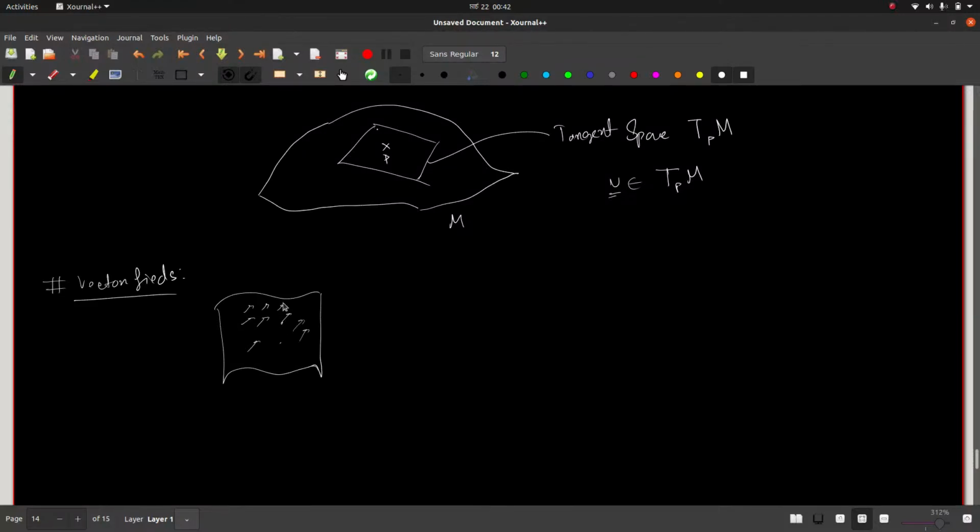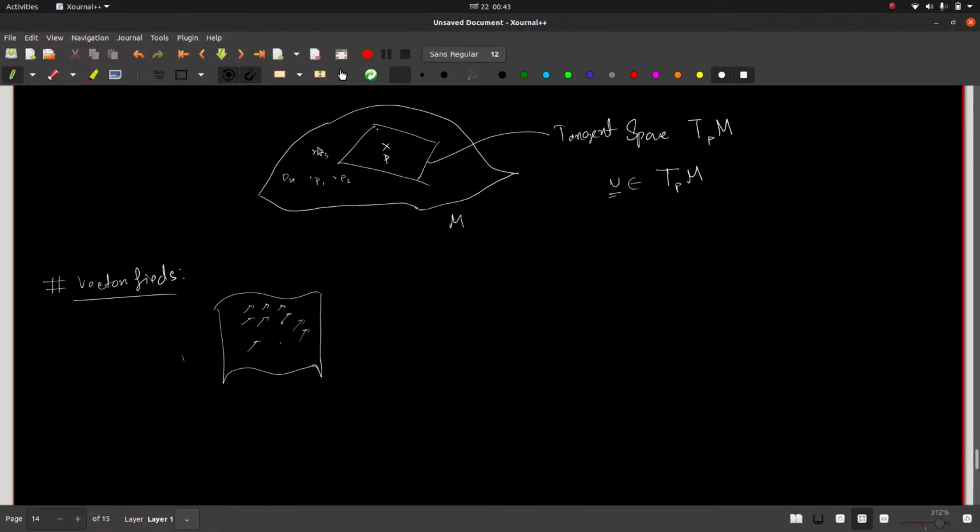Now think of this idea in terms of this manifold language. To define vectors at every point on this manifold, that means on the tangent spaces, you will need copies of the tangent spaces of all the points in this manifold. So for example, here we have only one point, but there will be other points, let's say P1, P2, P3, P4, and all of these points will carry a tangent space of their own.